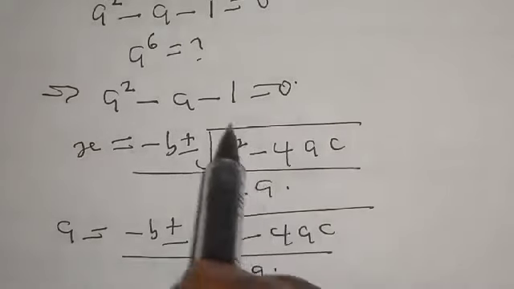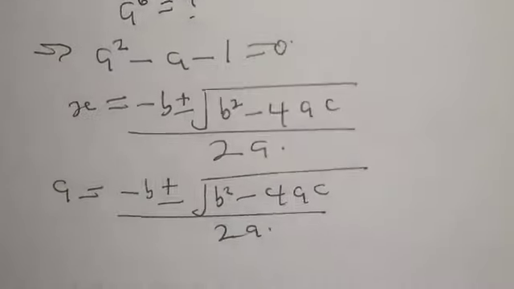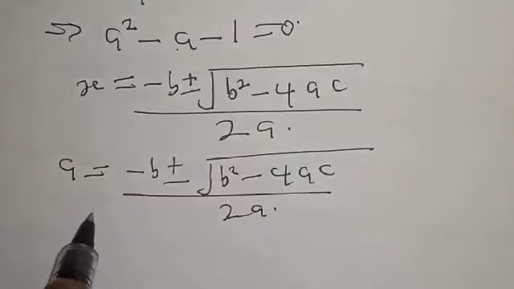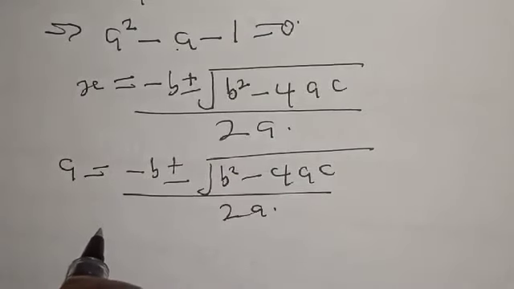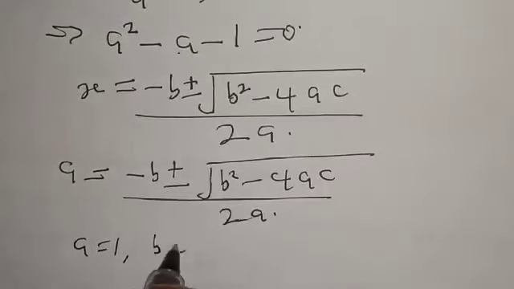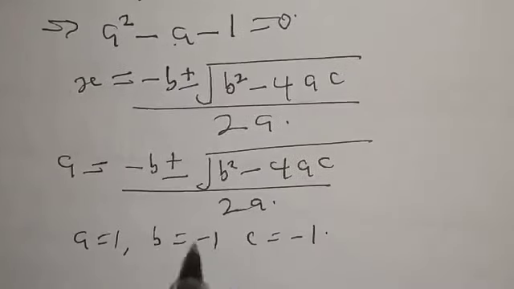And from the given question, we have a squared minus a minus 1. Then a is equal to 1, b is equal to minus 1, and c is equal to minus 1.